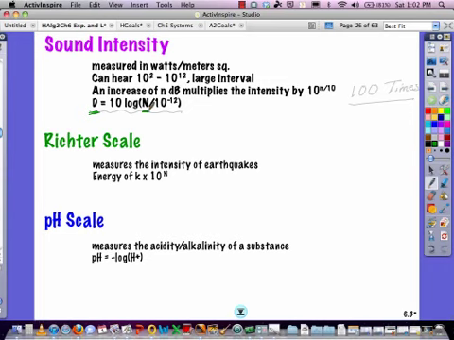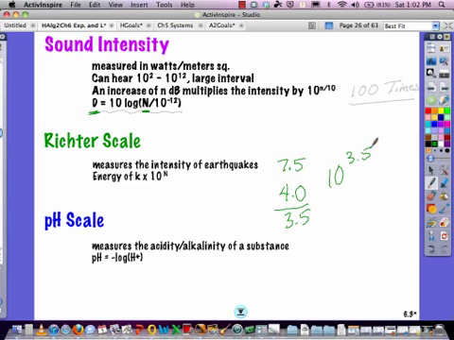So again, if we have an earthquake that's 7.5 compared to an earthquake that's 4.0, both of which are quite intense, you can say, wait, that's a difference of 3.5. So the one is only 3.5 times as intense? No, these are logarithmic scales. It would be 10 to the 3.5 power.